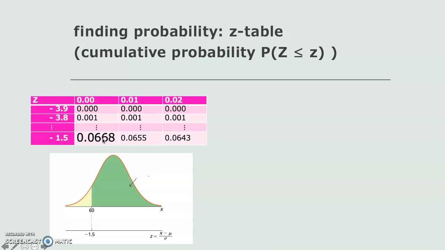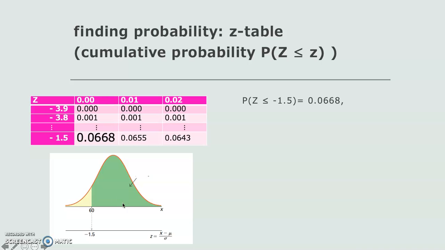But since the table provides cumulative probability, where P(Z smaller than z), this result tells us that the probability is the area of z smaller than minus 1.5, or the yellow shaded area. So 0.0668 here is the yellow shaded area.